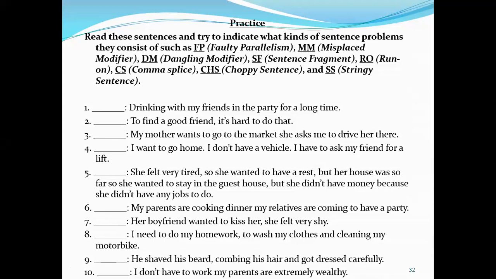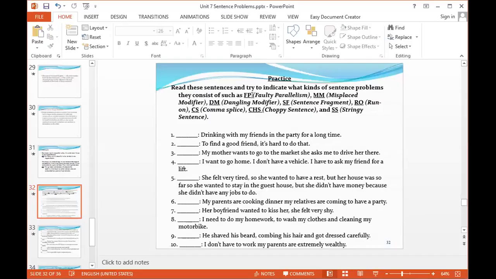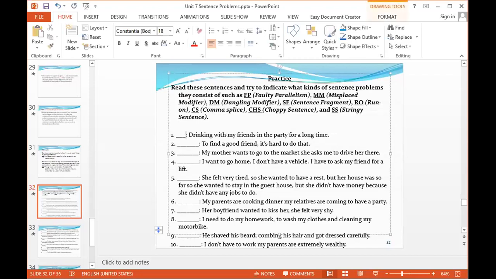Is it parallel, misplaced, dangling, fragment, run on, comma splice, choppy, or stringy? The first one, what is it? Dangling modifier.